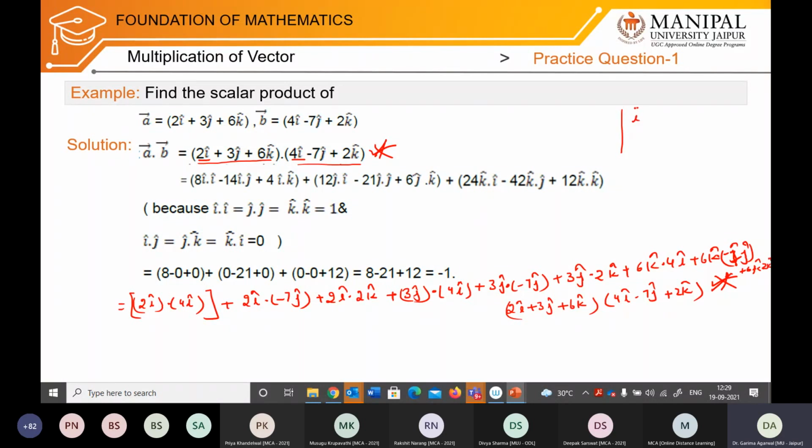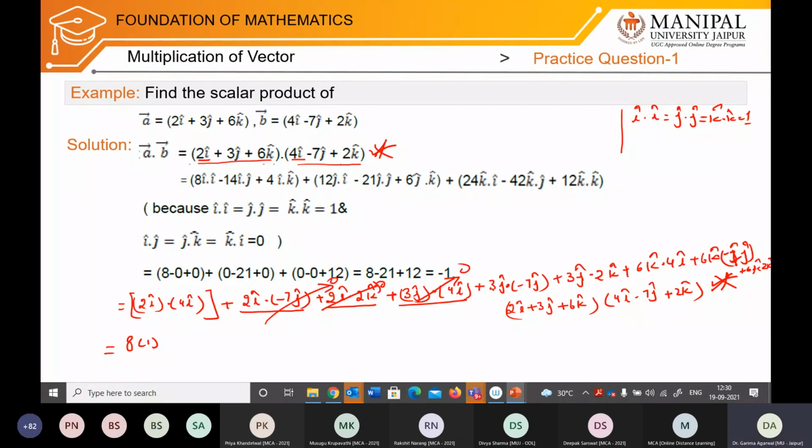Now we have the property that i cap dot i cap, j cap dot j cap and k cap dot k cap are 1 and the rest of the terms are 0, right? So here we have i cap dot i cap: 4 into 2 is 8, and i cap dot i cap is 1. In the terms i cap dot j cap, i cap dot k cap, j cap dot i cap are 0, so these terms will be 0, right?